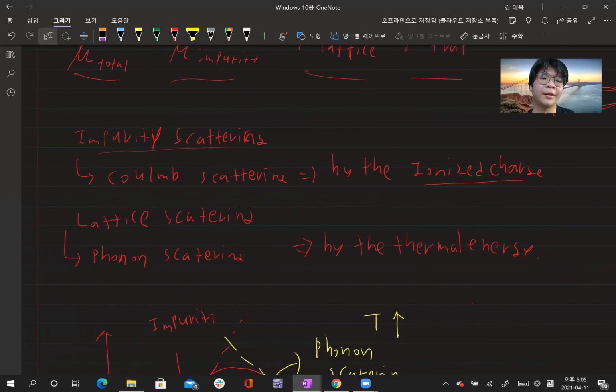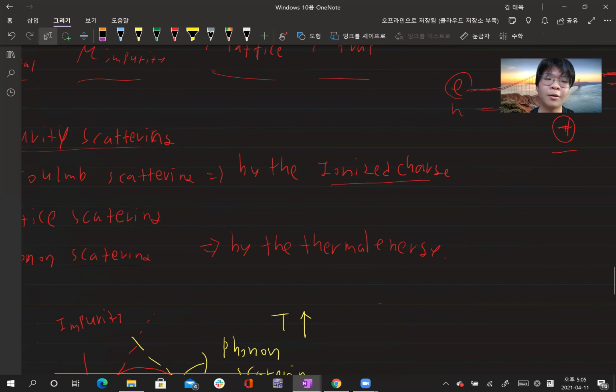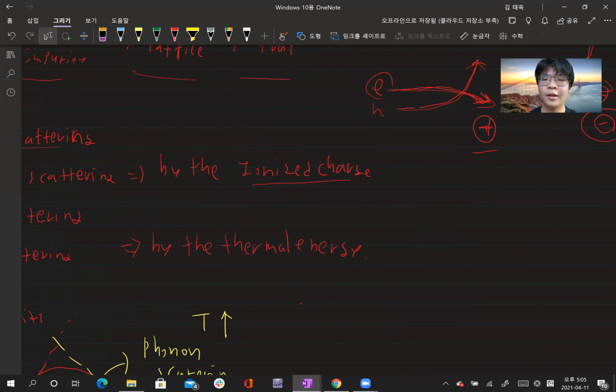Secondly, lattice scattering or phonon scattering. As we all know, at room temperature the silicon lattice has free electrons or free holes moving freely because of thermal energy or light energy.